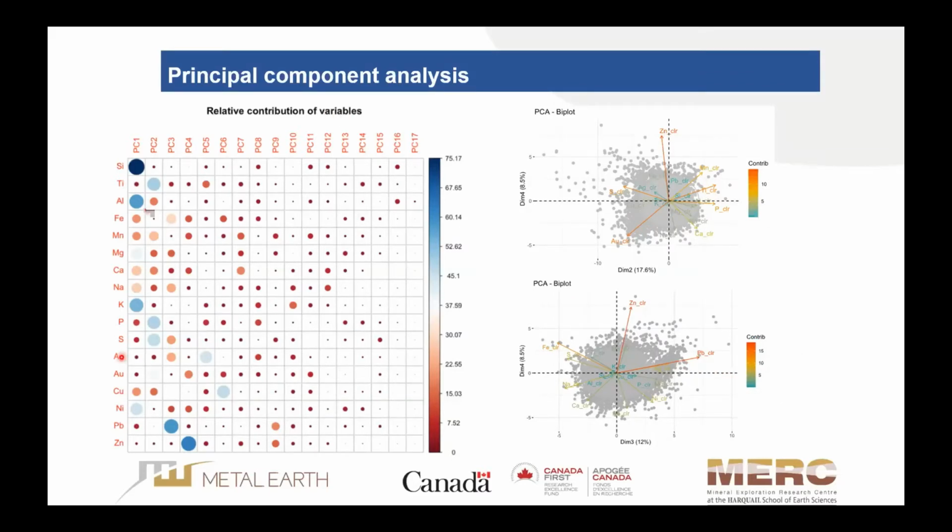Most of the major elements have a high contribution in the first PC, so PC1 can account for the lithological variations in the area. But copper, lead, zinc, nickel, gold, silver, and sulfur show high contributions in PC2 to PC6. So we selected these 5 PCs to use as geochemical maps in the model.